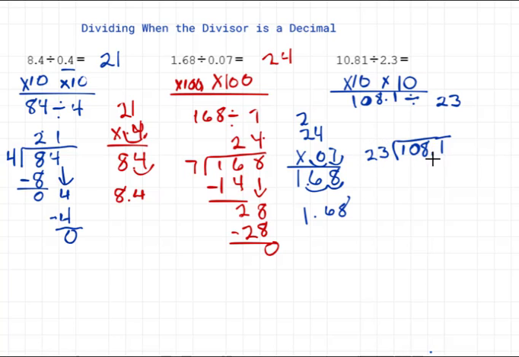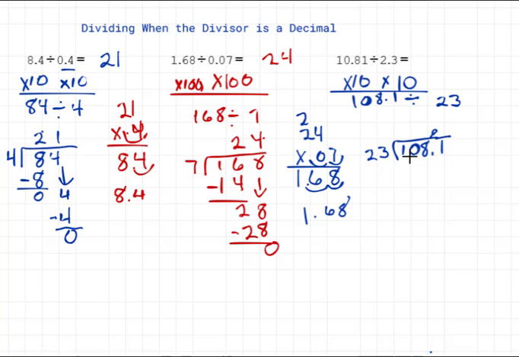Now, with the decimal that is in the division sign, I'm going to bring it straight up, because that's in division. If the decimal is inside the division sign, we just bring it straight up.